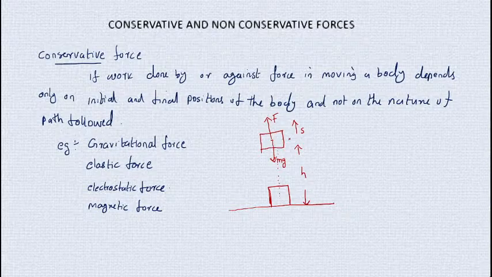What is the work done? There is definitely an energy stored, called what? Mgh, correct? The potential energy. So the work done is equal to mgh, the same as the potential energy.